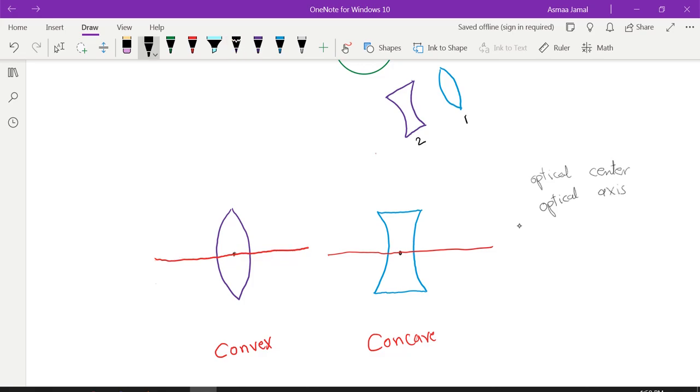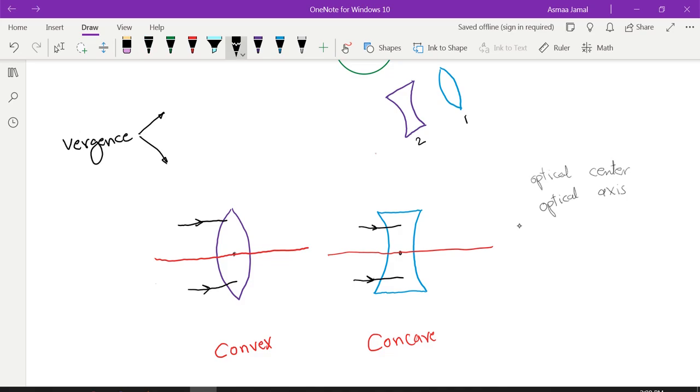So what happens to the light that's not coming through the optical center? We will have something we call deviation. And we have two types. So we have light coming parallel to the optical axis in convex and concave lens. That's the direction of the light.